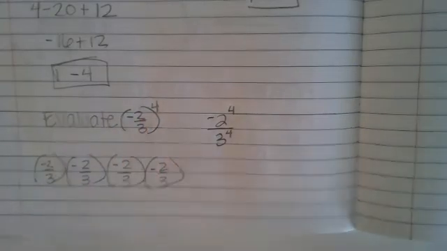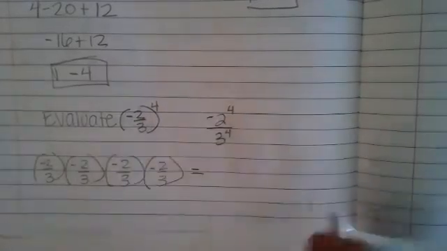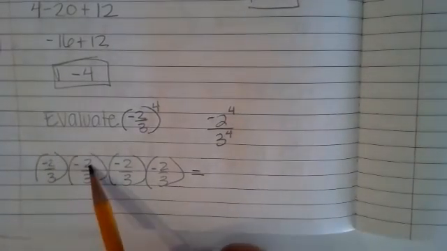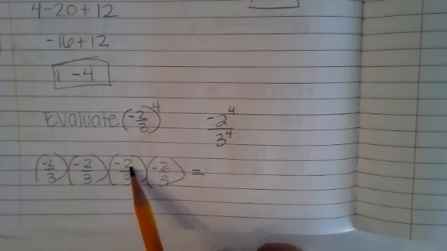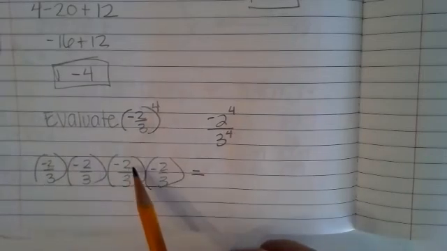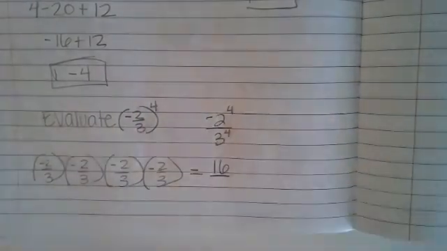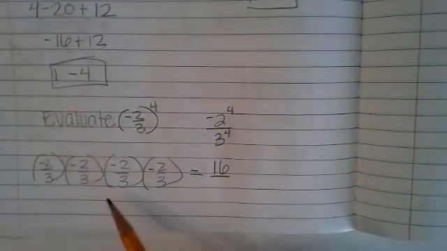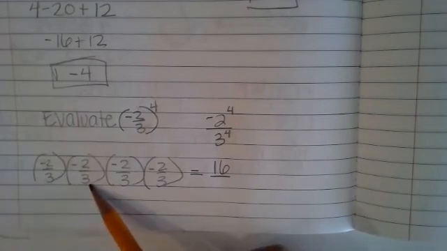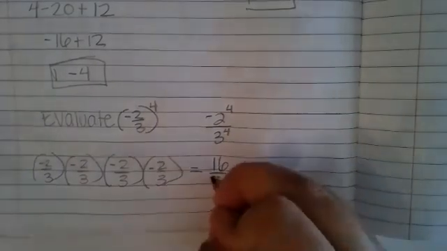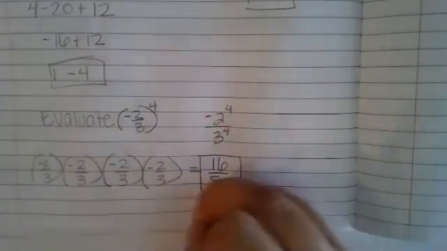1, 2, 3, 4, right? I did that. Then I'm going to look at negative 2 times negative 2 makes 4. 4 times negative 2 makes negative 8. Negative 8 times negative 2 makes 16. And then down here, 3 times 3 is 9. 9 times 3 is 27. 27 times 3 is 81.